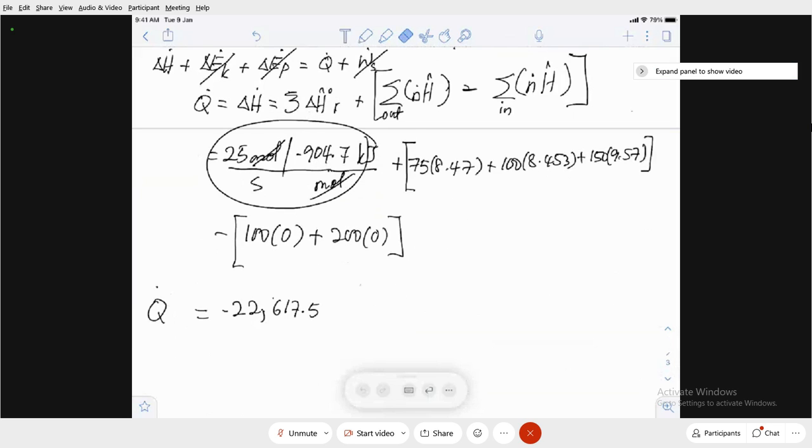And plus the bracket 25, that's going to be 2,916.05 minus 0.